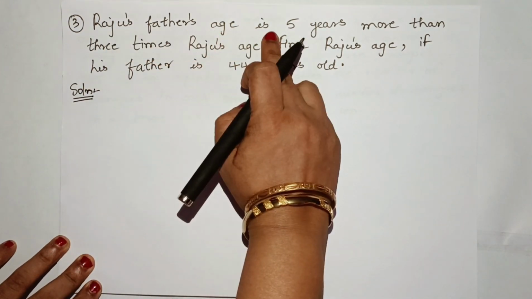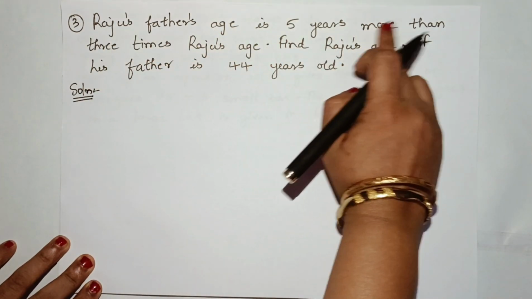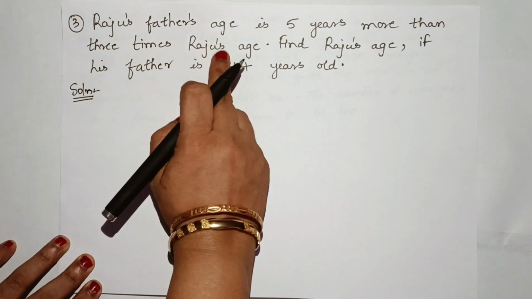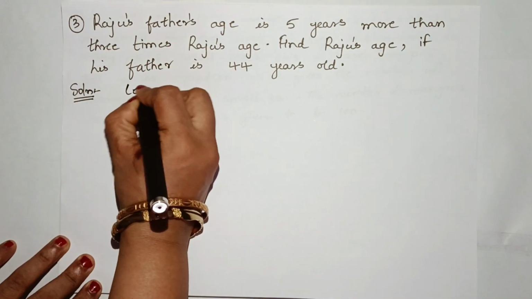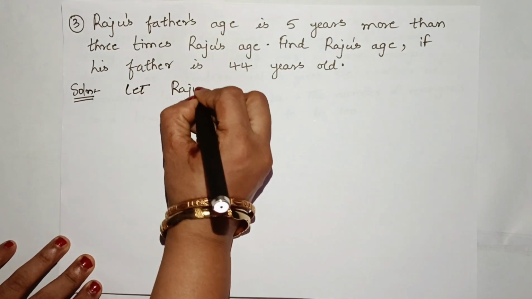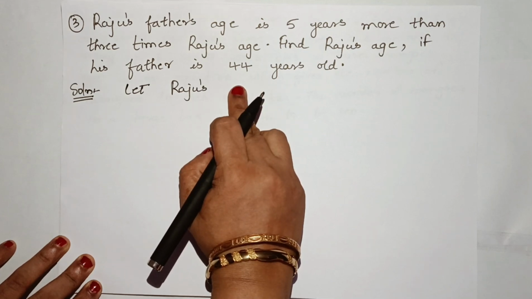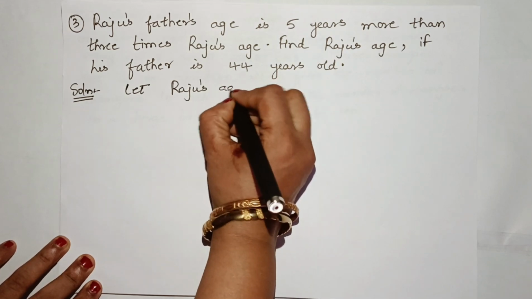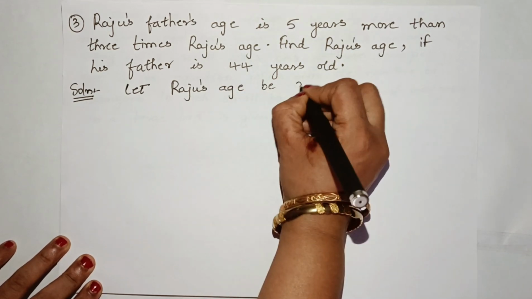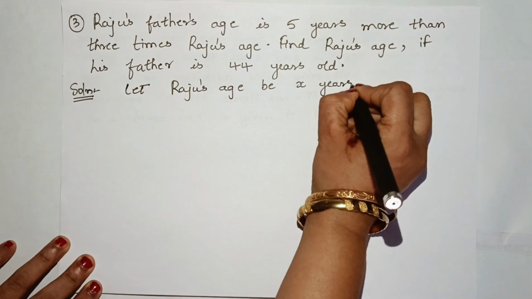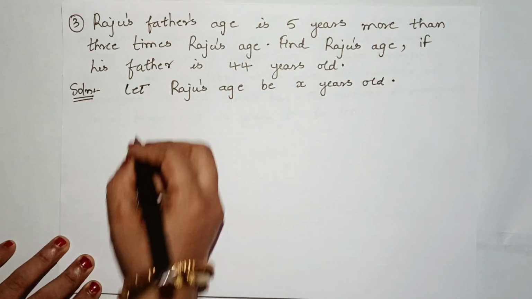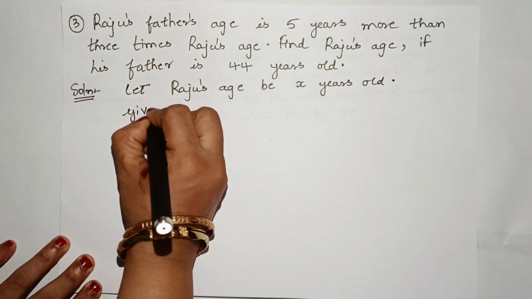Raju's father's age is 5 years more than 3 times Raju's age. So let Raju's present age be x years old. Now, what is given?